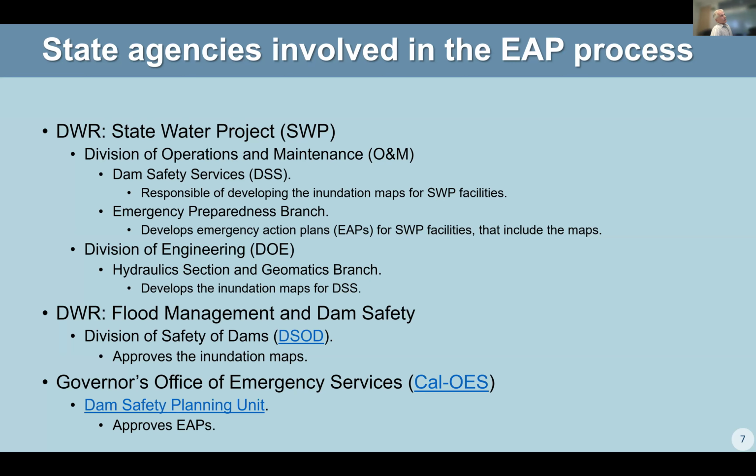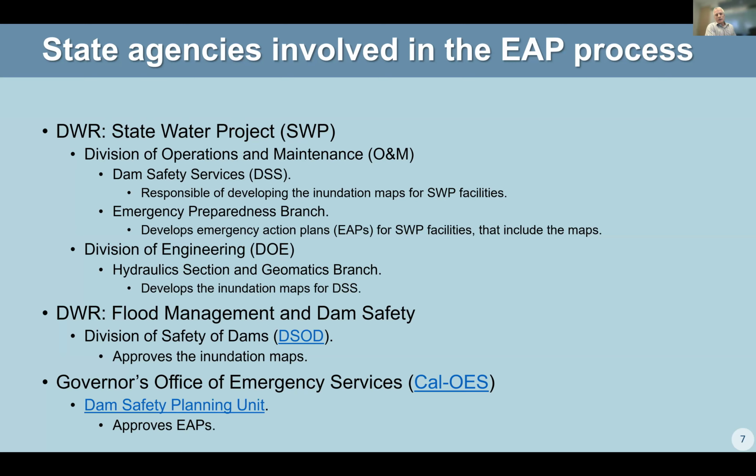Also under O&M is what's called the Emergency Preparedness Branch. Those are the guys that are responsible for making the emergency action plans. And then I sit in the hydraulic section, and between us and the DOE geomatics branch, we develop and make the maps. And we give them to O&M, they submit them.